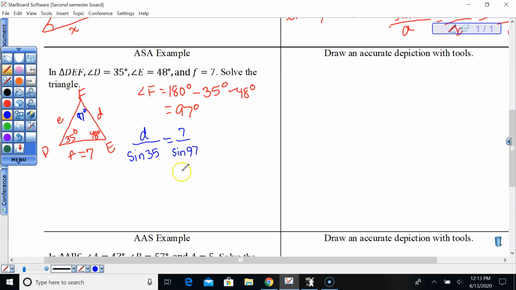Now to do that, I just want to clear the fraction over here. We're going to multiply both sides times sine of 35, and I didn't really leave myself a lot of room, so I'm just going to squeeze it in here and cancel that, and so we get D is equal to, and I'm just going to multiply my numerators and divide by my denominator.